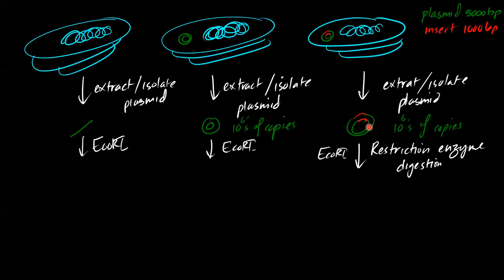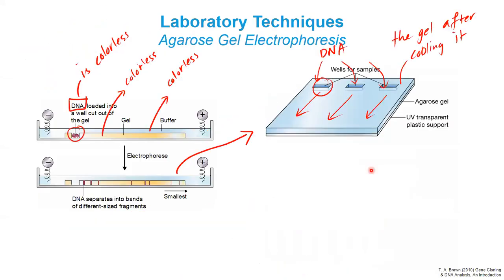So if you cut this recombinant plasmid with EcoR1, what will you get? What type of products will be produced? We already did this here.